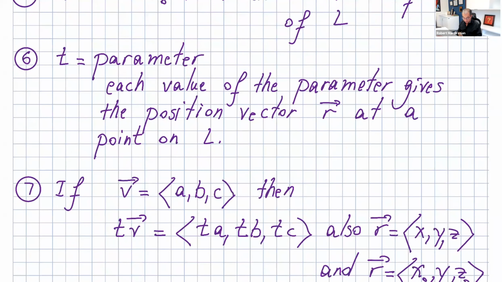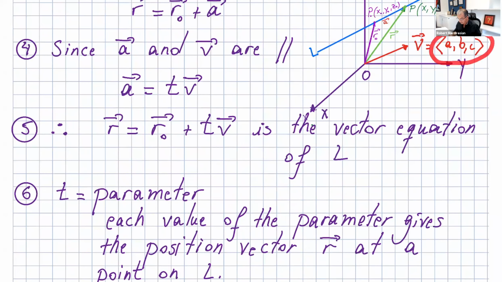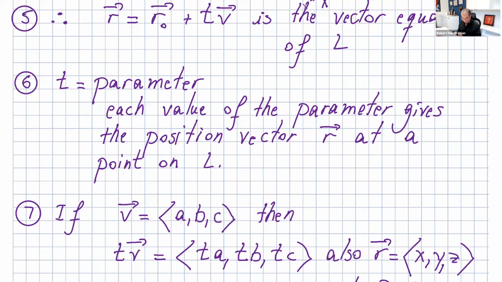Now, if the components of vector v are a, b, c, we can write the vector v in this vector notation, meaning the components. You can also write ai plus bj plus ck. I'll show it to you very soon.